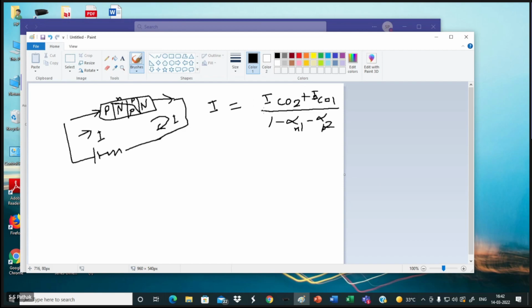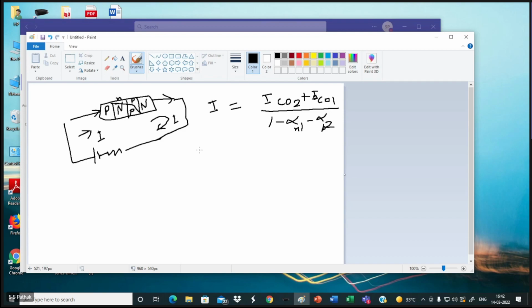These joint flow of the two reverse saturation currents. In both the cases, the respective base lead is open. Sorry, respective emitter lead is considered open. Here also corresponding emitter lead is open. So that way these currents are measured, that is evaluated, 1 minus coming like that.